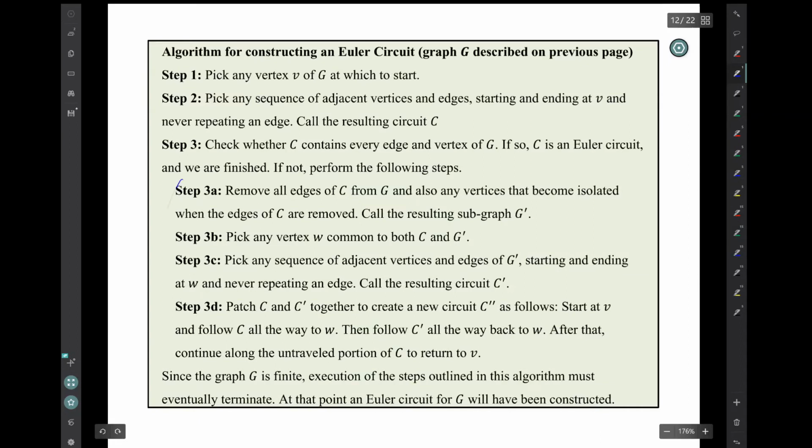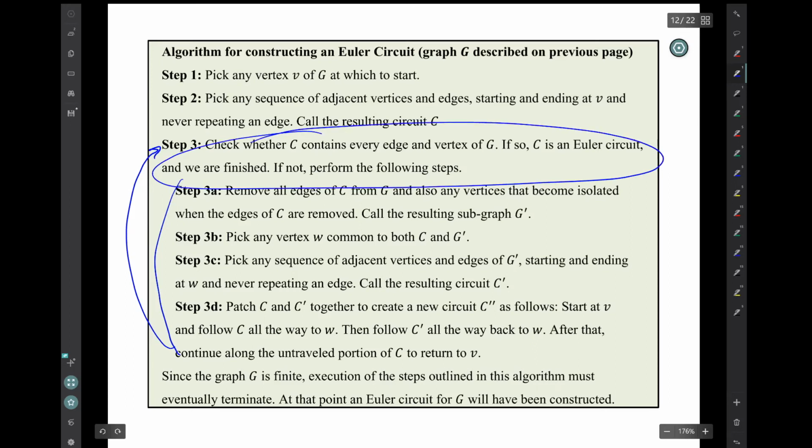Once we've finished these steps, we go back up to the start of step 3 again. We check to see whether our new circuit contains every edge and vertex of G. So we're doing step 3 again now.